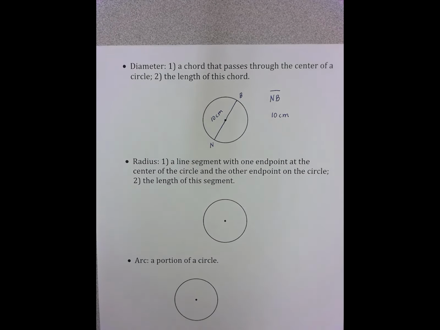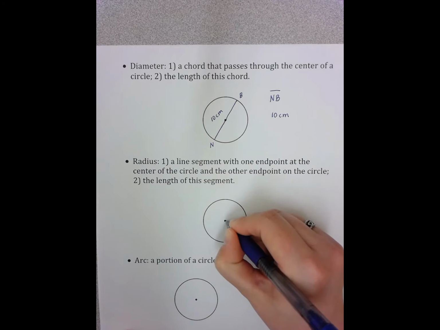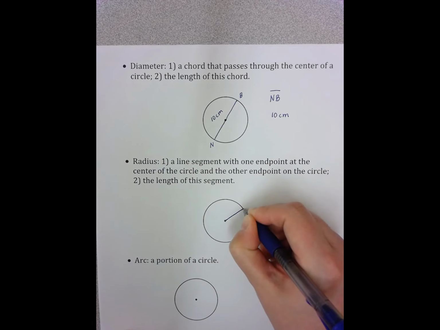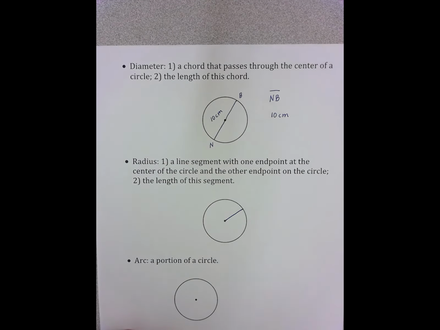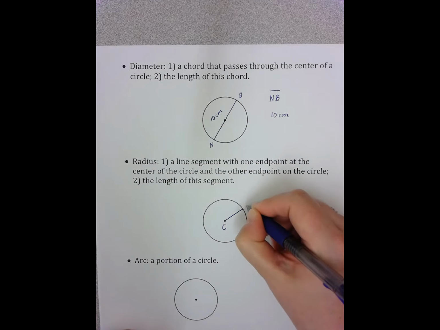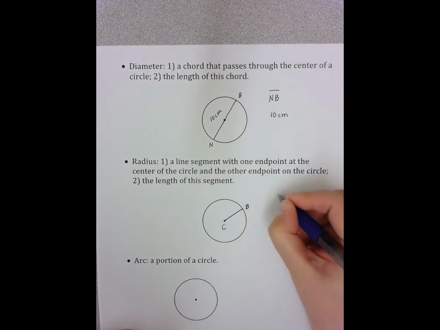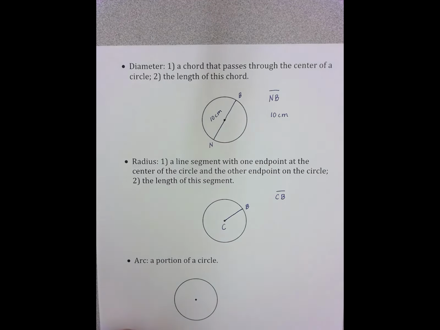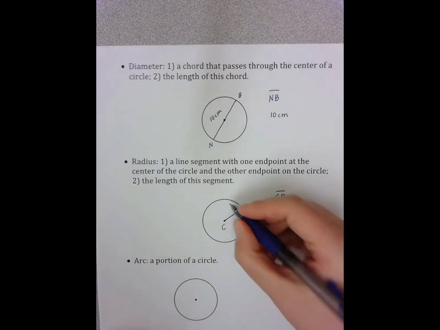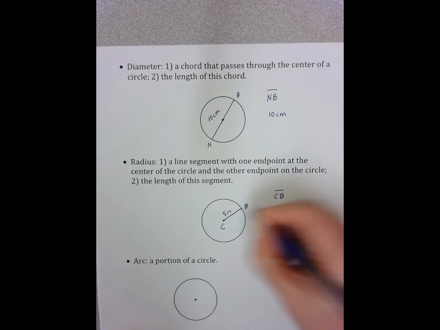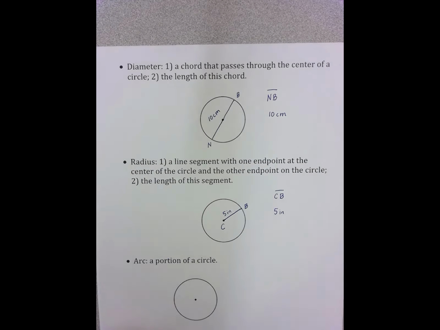Similarly, radius also has 2 definitions. Radius is any line that goes from the center to an endpoint on the circle. So we have a radius of CB. It's a line segment. We can also say that it's the length of that line segment.